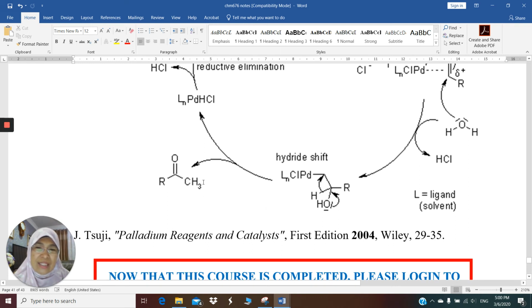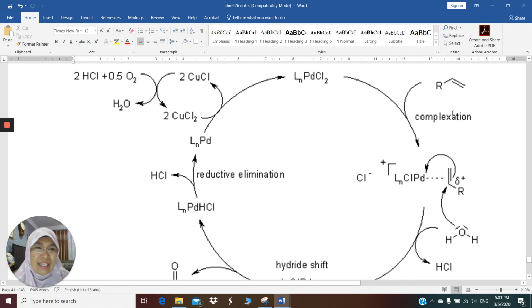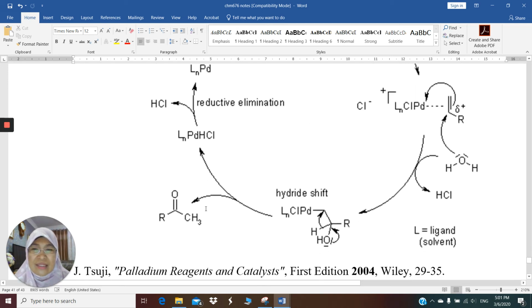So what you get in the end is a hydride shift. This is called a hydride shift, where L, again, as I was telling you, can be another ligand, it can be a solvent. So you have a beautiful array of movement of electrons in here, a hydride shift, and in the end, this alkene is oxidized to become an aldehyde.